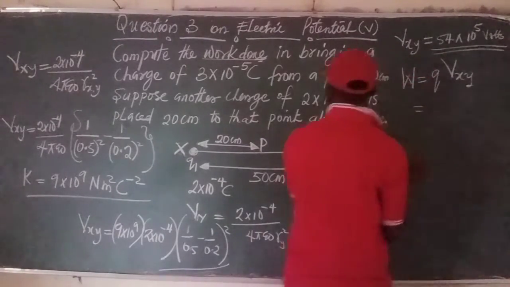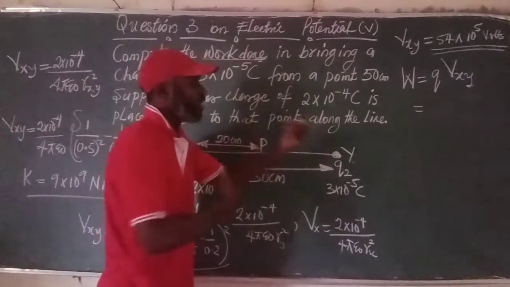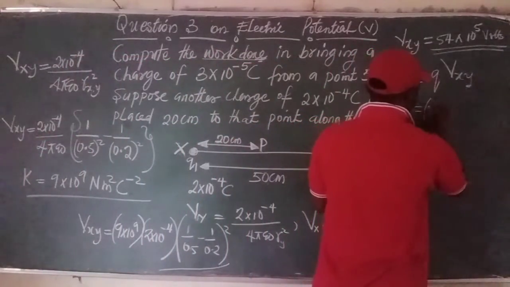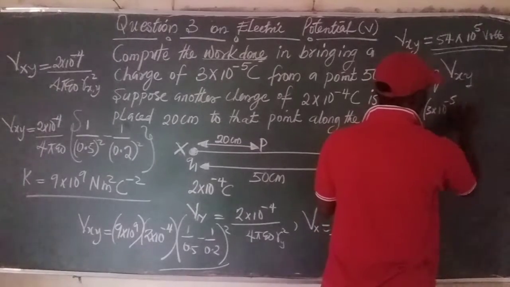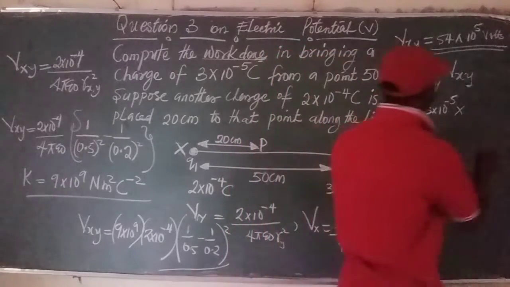The charge we are discussing, which will be taken from that point, is 3 times 10 raised to the power minus 5. Then the potential difference we have found is 54 times 10 raised to the power 5.